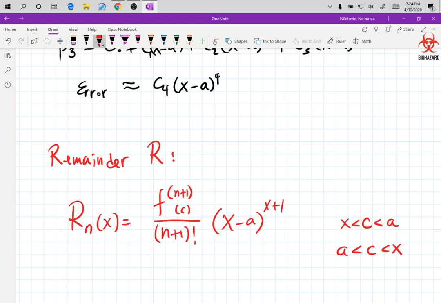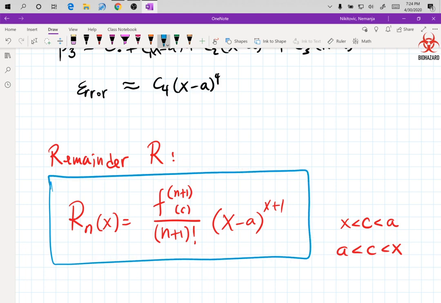For purposes of the calculation, it is okay to use a. I could have written the formula, just for mathematical rigor, with c, but when you are calculating, you can use a. And you can approximate error, right? So if they say, how many terms do I need to get a precision of 6 decimal places?